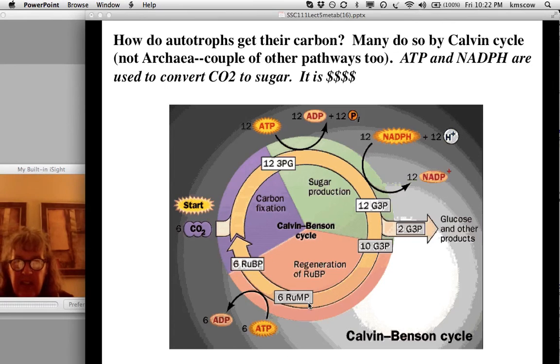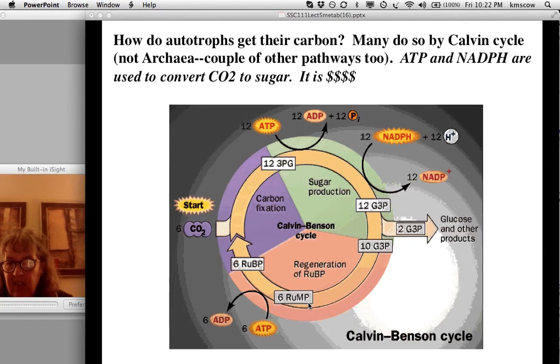And autotrophs, how do they get carbon? This is just reminding you that the Calvin cycle is there making the carbon compounds for autotrophs, because again, we were really focused on heterotrophs in this lecture, and particularly on anabolism. And it costs, right?